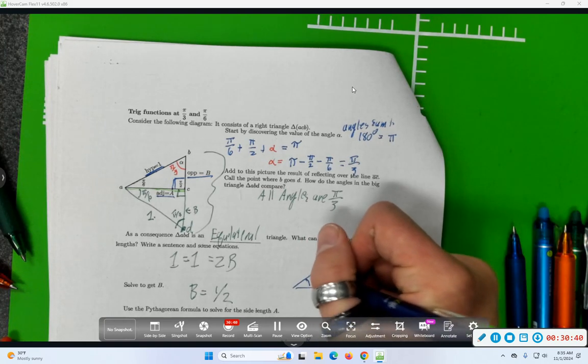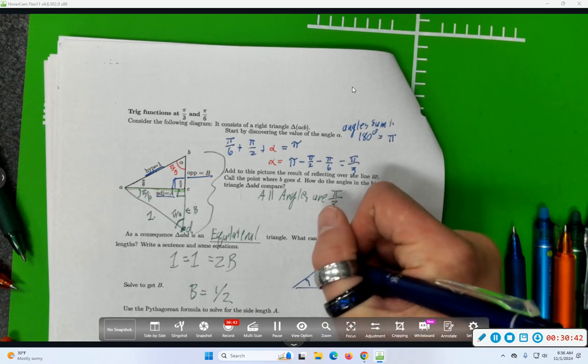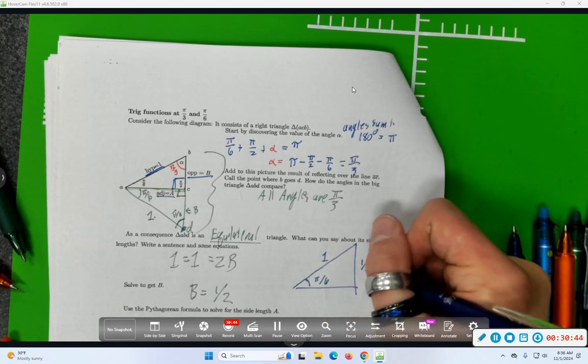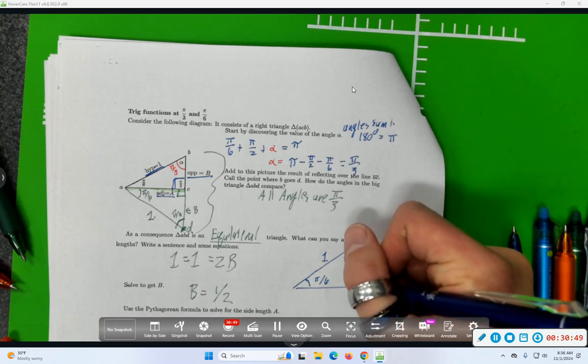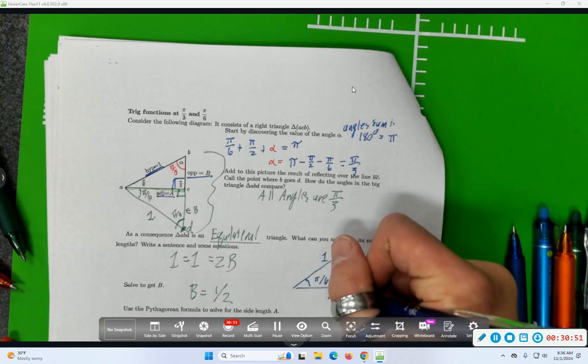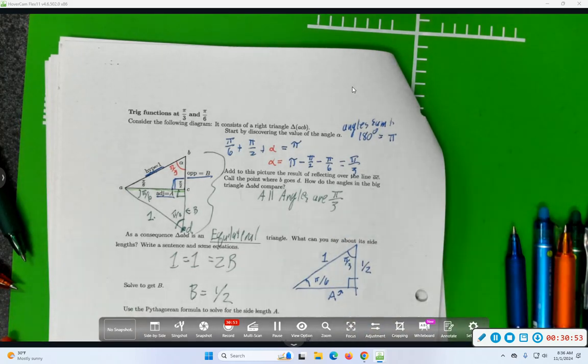So this angle was pi over 6. The hypotenuse had length 1. The opposite side was length 1/2. This angle is pi over 3. There's a right angle. This side length I labeled as A. Do we have enough information that you could determine the side length labeled capital A? Yeah, we also have the Pythagorean theorem, right?